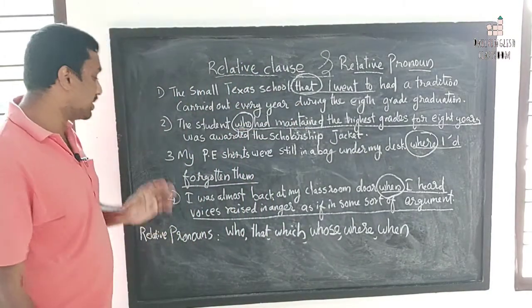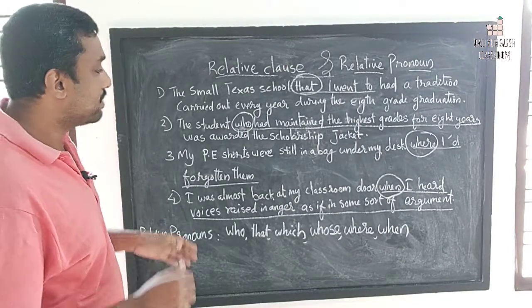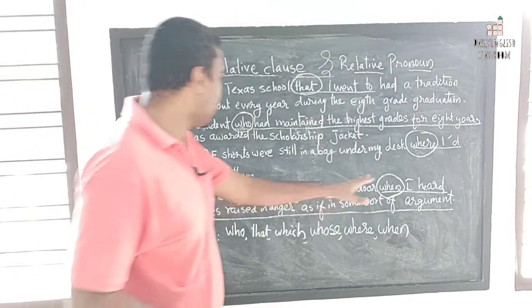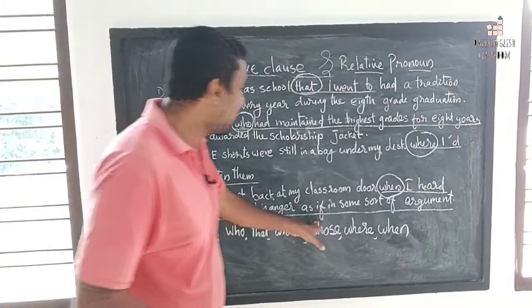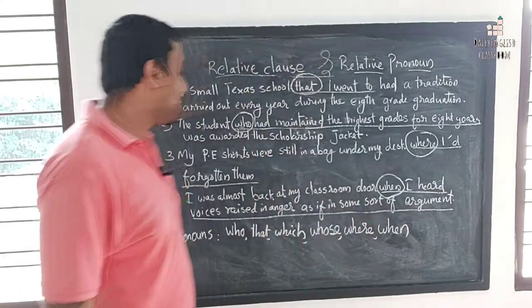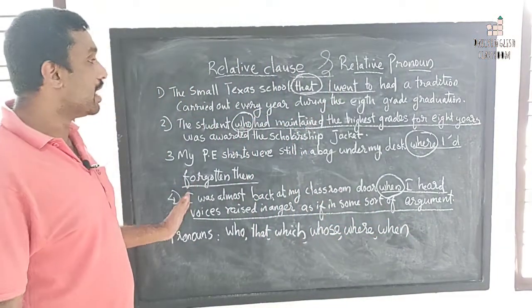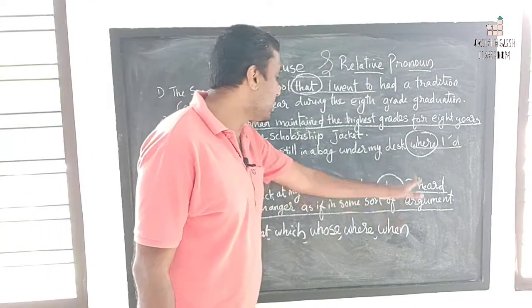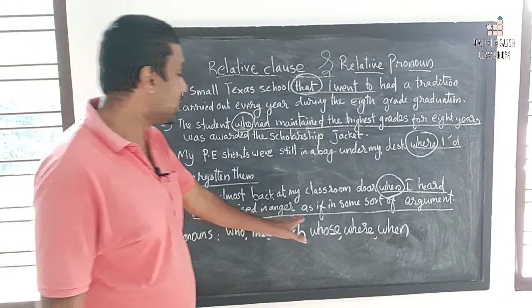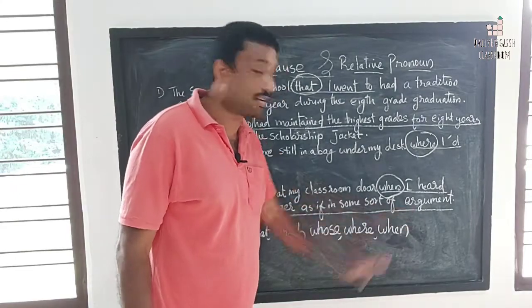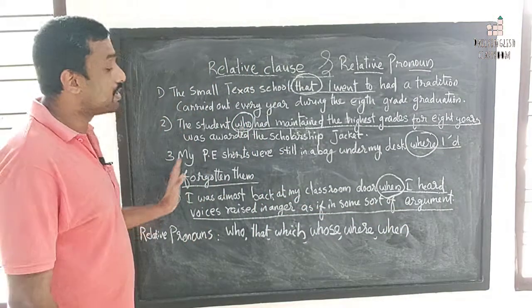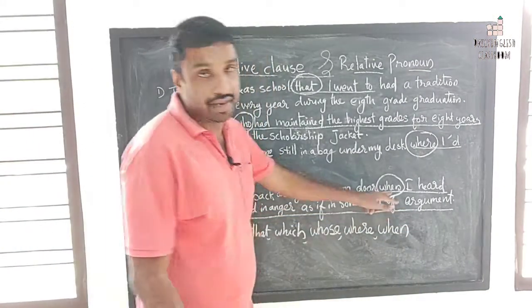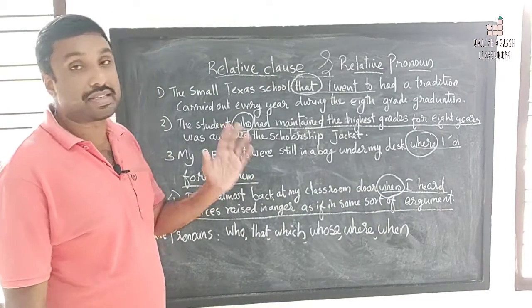And the next example, I was almost back at my classroom door when I heard voices raised in anger as if in some sort of argument. In this sentence, we have a relative clause, when I heard voices raised in anger as if in some sort of argument. And it begins with the relative pronoun when, because it shows the time.